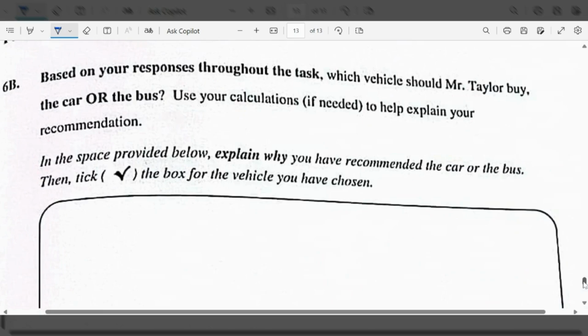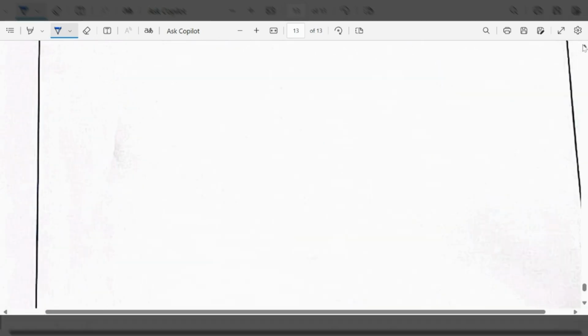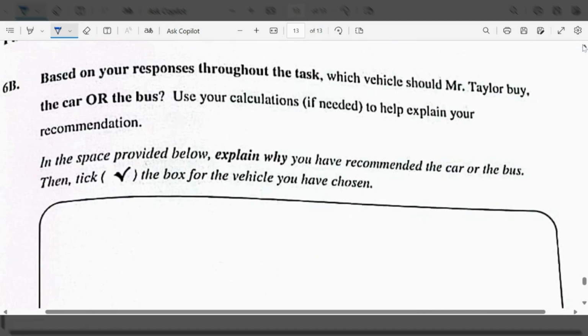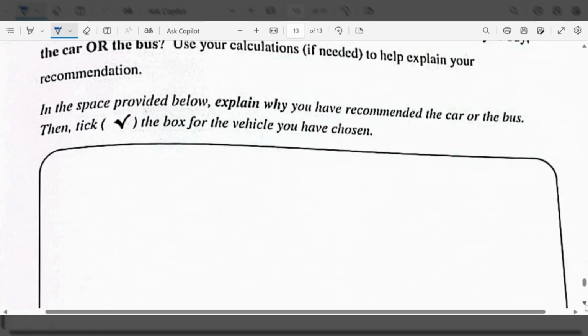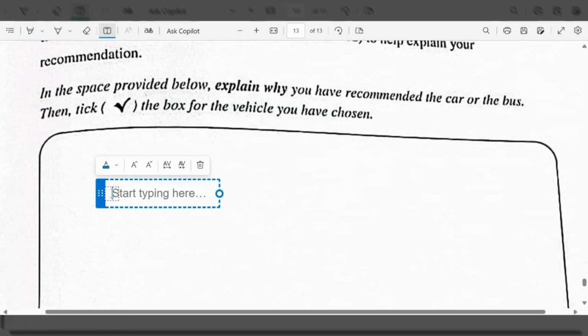So we can recommend the car because overall, even though it does carry more passengers, based on the cost, it carries more teachers and the teachers will pay more, and hence Mr. Taylor would be able to make more trips per day based on even the bar chart, and therefore make more money for the day. So we can just write that down.